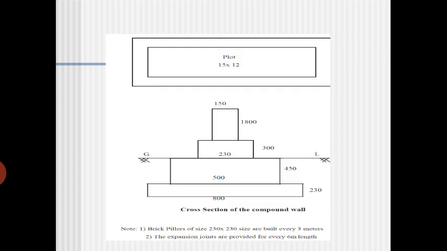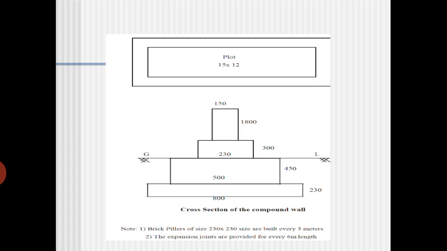And this is one problem for the center line method for a compound wall. You can see the compound wall, that is a plan, and below it is one section. Usually, below ground level, they have CC concrete.